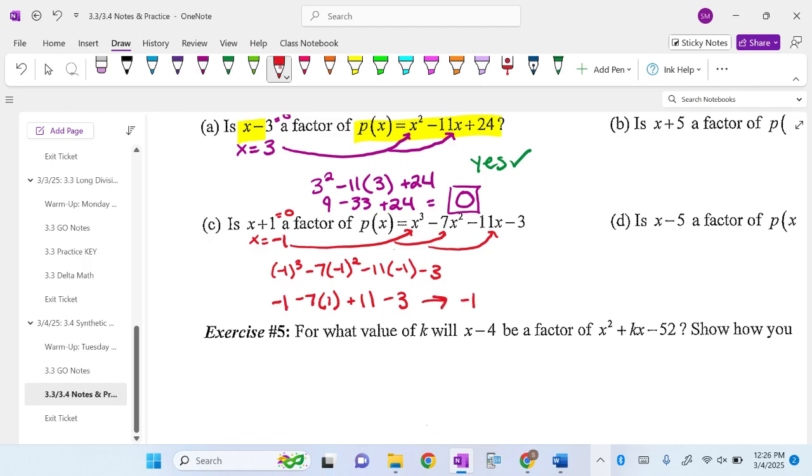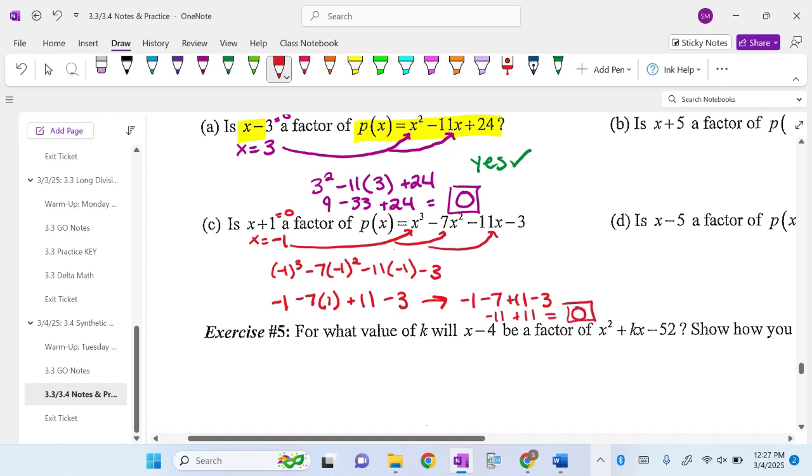This is negative 1 minus 7 plus 11 minus 3. Negative 1 minus 7 is negative 8, minus 3 is negative 11, plus 11 is 0. So is it a factor? Yes, our remainder is 0.